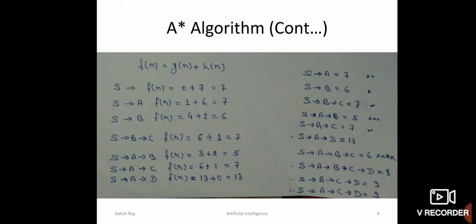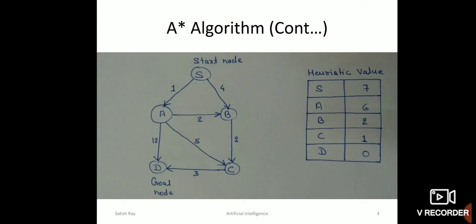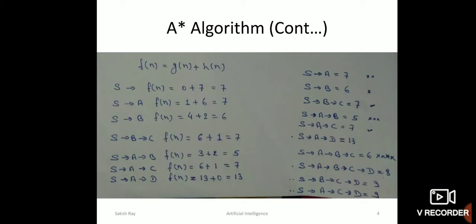From S to A, we can move towards node B, node C and node D. So we have three paths, and we will calculate f of n for all three possible paths. For S to A to B, the f of n will be 3 plus 2 equals 5. Then for S to A to C, f of n equals 6 plus 1 equals 7.